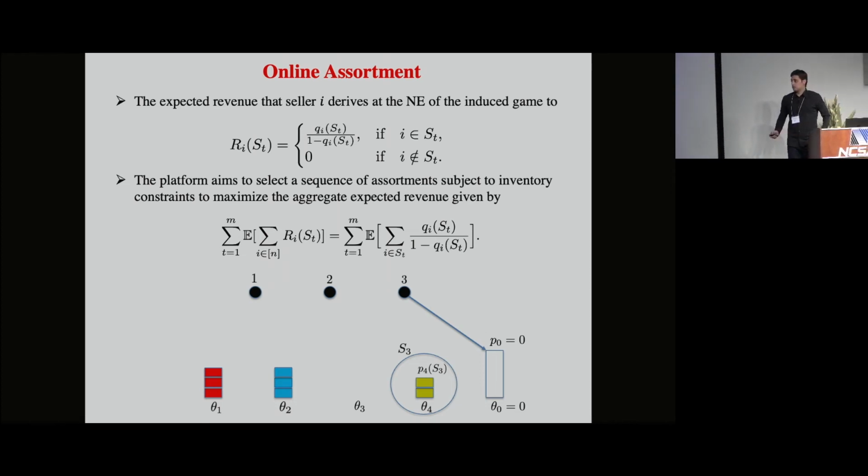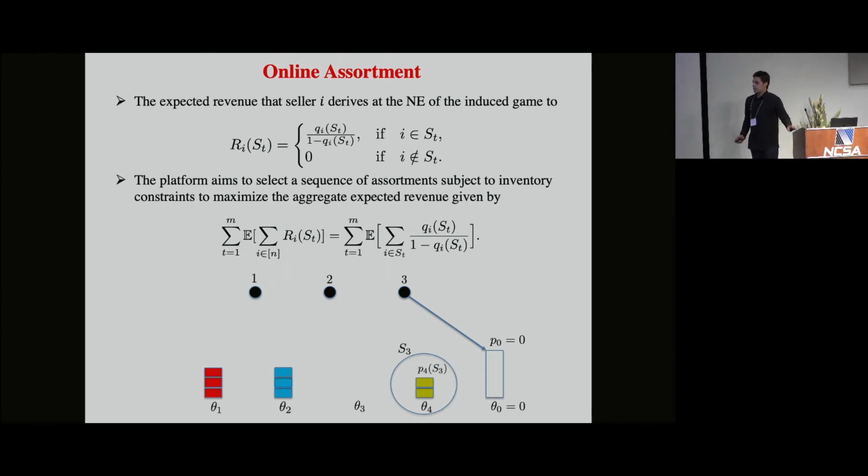So as you can see, the crucial part here is that the prices are functions of the assortments that you are offering. It's not fixed anymore over time. And that creates extra externality among these sellers.